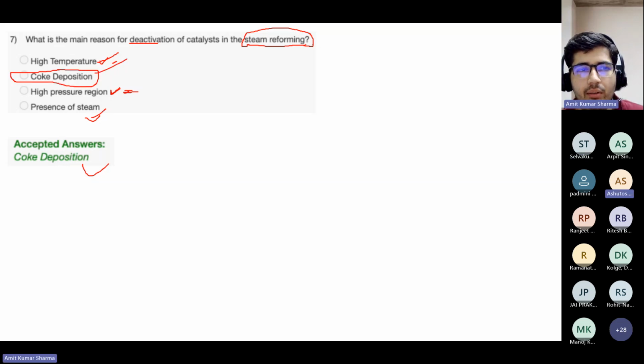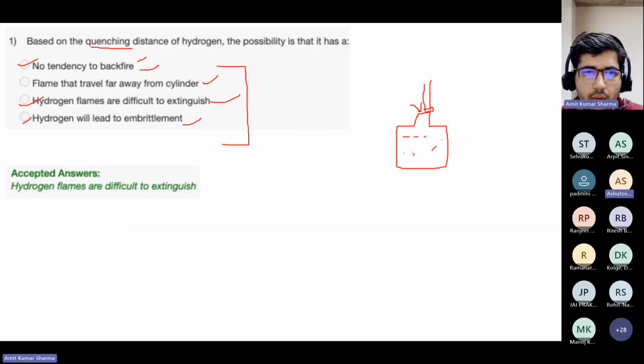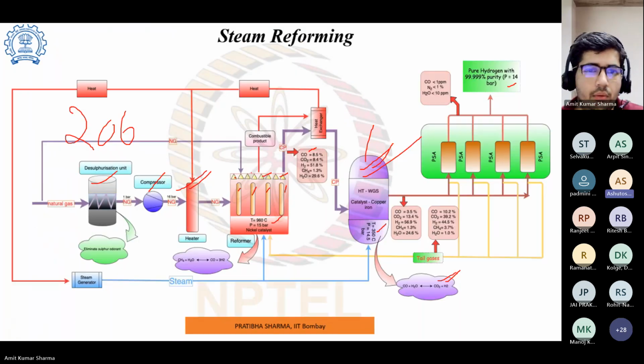And why will this happen? I have one query in this regard. In the steam reforming flow diagram in the slide, the length and thickness of the tubes were both mentioned: 7.5 to 12 meter length and a thickness of 1 to 2 centimeter.